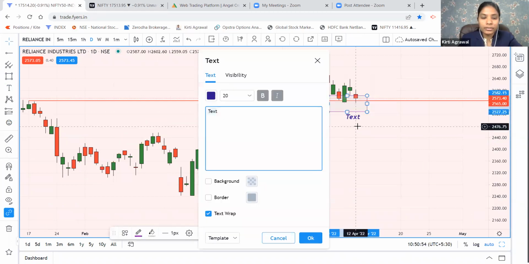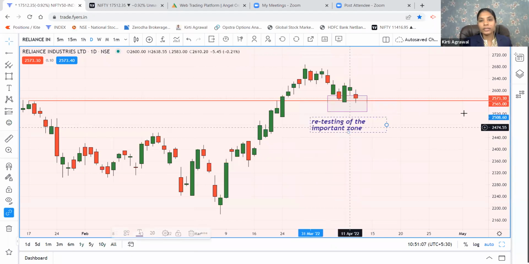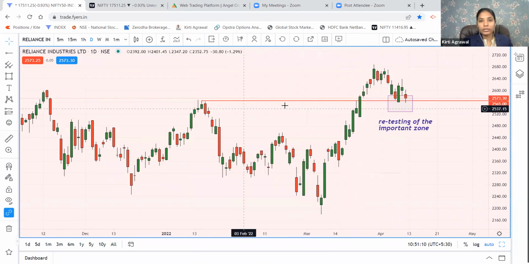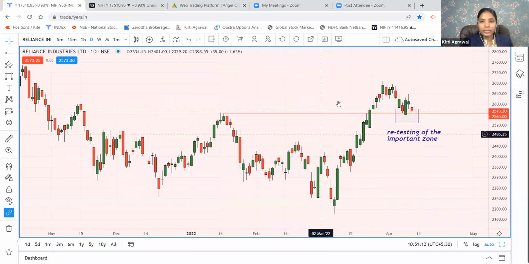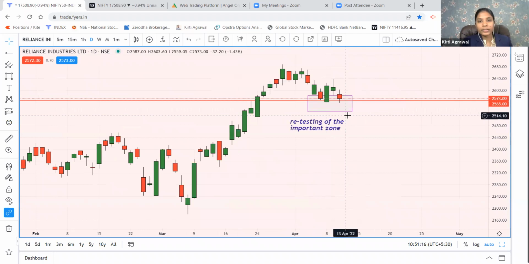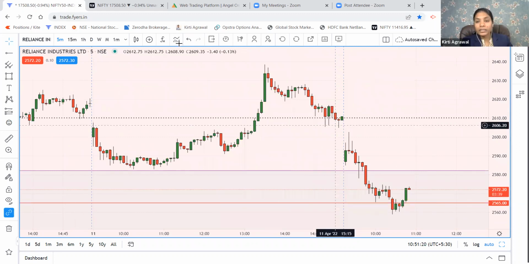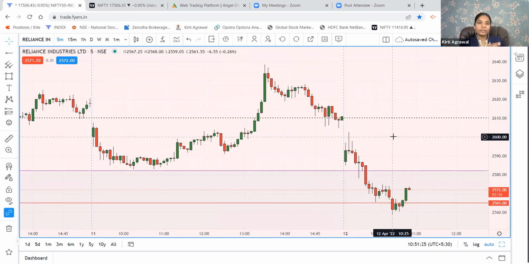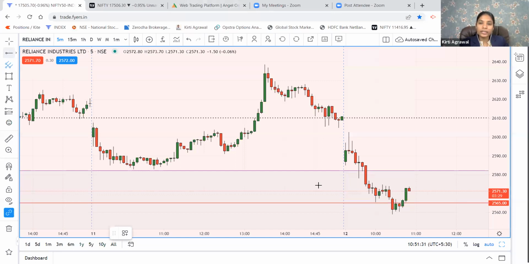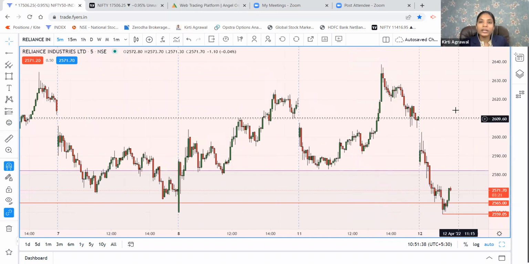the zone, right? Let me just write it for all the new people here. Retesting of the important zone or area or level, whatever you would like to call, you can say. तो अब इस जोन को हमने टेस्ट किया, and this low was 2560, today is 2559. अगर अभी बाजार में निफ्टी रिलायंस में 2559 का जिसका लो है, अगर वो लो ब्रेक नहीं करती है निफ्टी सॉरी रिलायंस, then we can see a recovery also into Reliance.